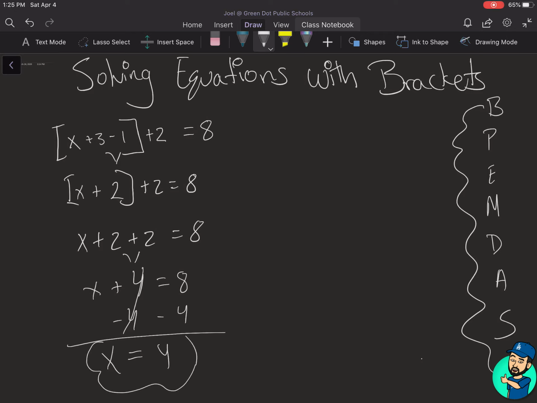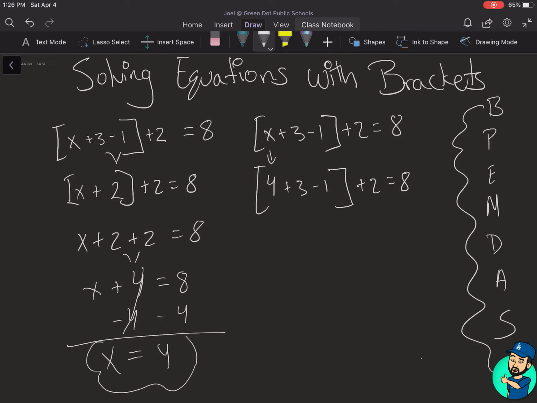So that's our answer, but we don't know if we're correct. Let's check our work. I'm going to write down the original problem. So pretty much copy and paste it. I'm going to substitute that x for that 4. But I'm still going to leave the brackets there. Plus 2 equals 8. Okay.